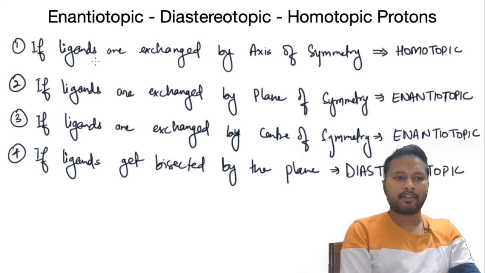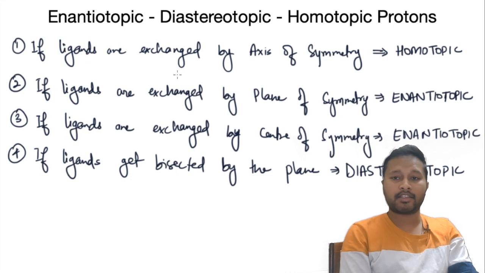If you're discussing protons, you can replace ligand with proton. So if ligands or protons are exchanged by an axis of symmetry, that means there is an axis that can exchange those two protons, in that case those two protons are called homotopic in nature.